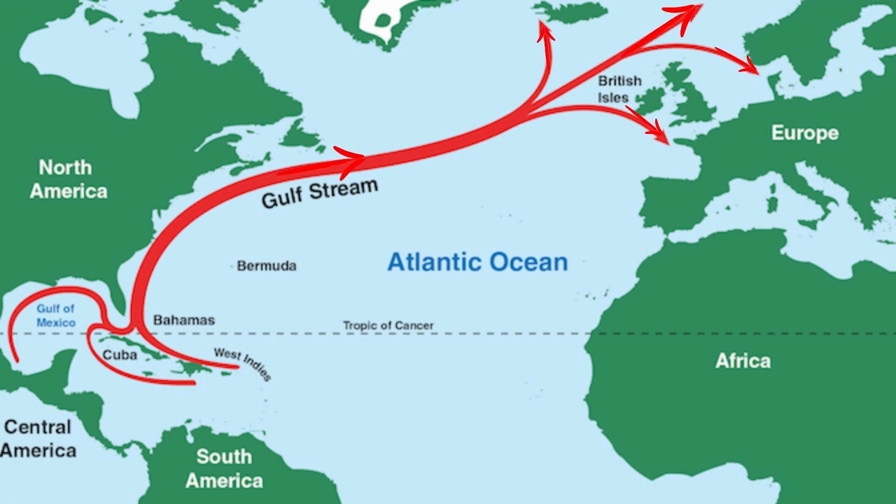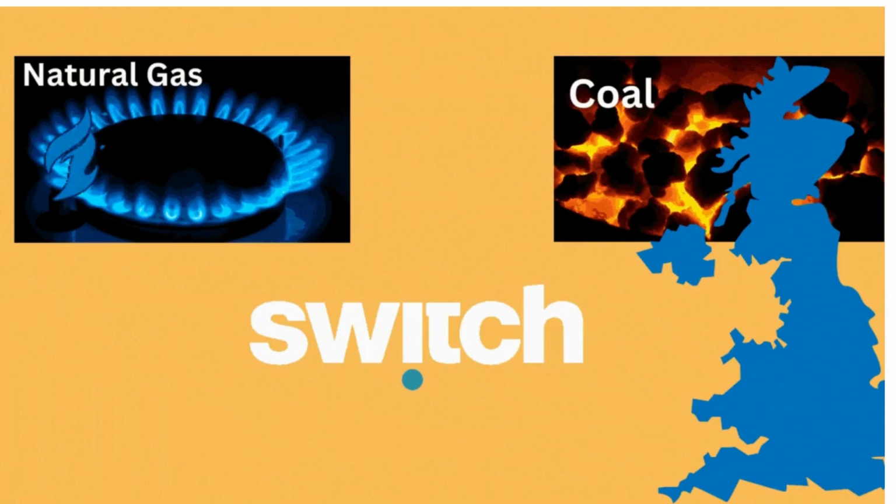An influx of fresh water from melting ice sheets and glaciers also dilutes the water and reduces the density. If these waters are not heavy enough to sink, the entire Gulf Stream will shut down.